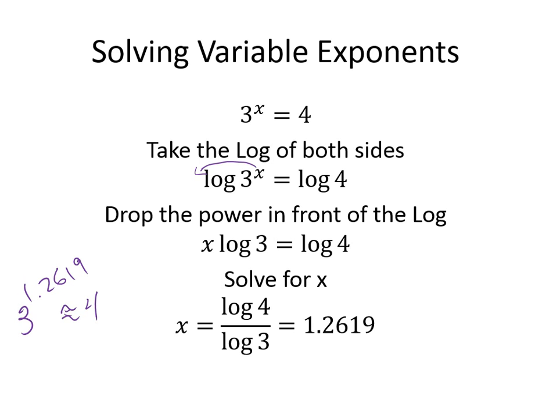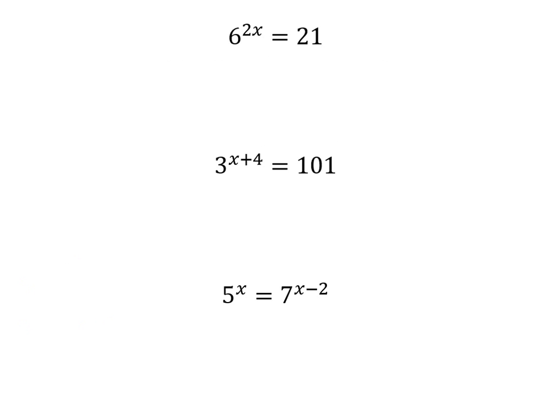So when you want to drop a variable from an exponent, you take the log of both sides. Okay. Now let's look at this one. So this first one, we want to solve for x. So we would take the log of both sides. When we take the log of both sides, the 2x drops out front, giving us 2x log 6 is equal to log 21.